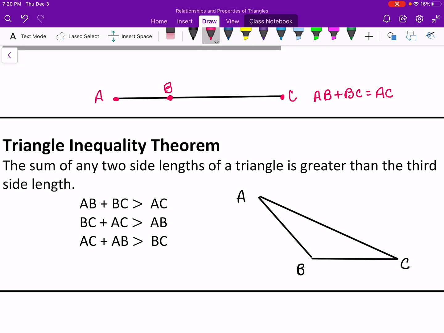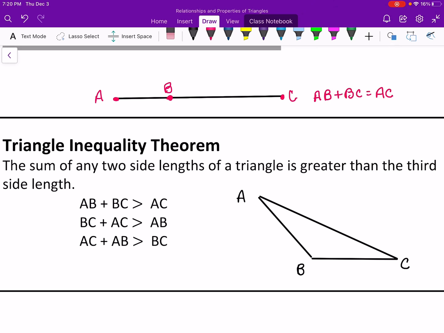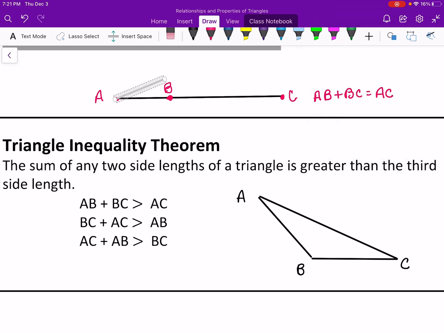If at any point I would take that segment from A to B and disconnect it at B and raise it up a little bit, and do the same thing for the segment at C, keep them the same length but raise them up, they will no longer match up. They won't make a triangle.